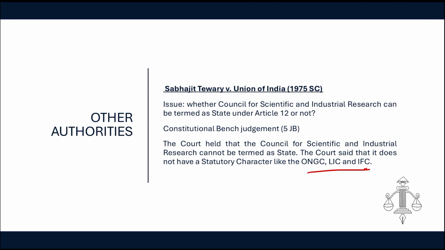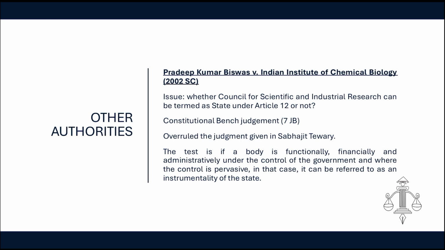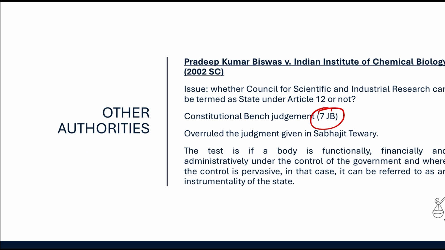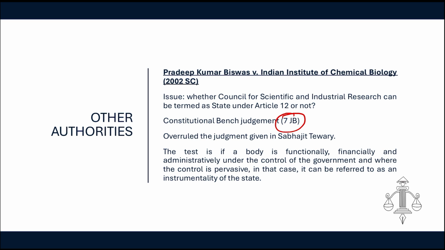बट ये सबजीत तिवारी का जो केस है, this has been overruled by Pradeep Kumar Biswas versus Indian Institute of Chemical Biology. Now if you look here, this is a 7-judge bench. This is a constitutional bench judgment. Always remember that whenever a bench has to overrule its own judgment, a larger bench has to be formed.